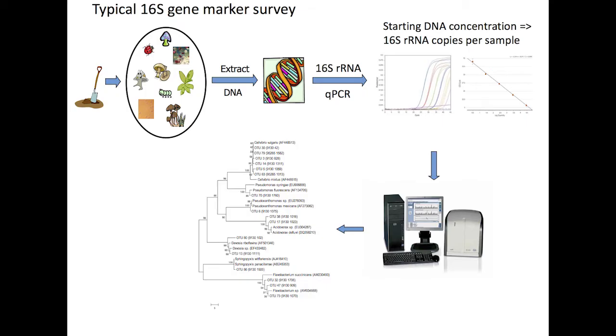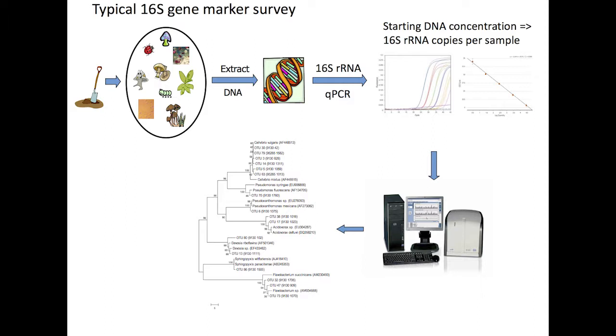I mentioned the idea of being cost effective, so the concept here is one assay, and we look at multiple genes related to different benefits of the soil. We're using a 16S gene, which probably has the most information about taxa, and we map that to function.